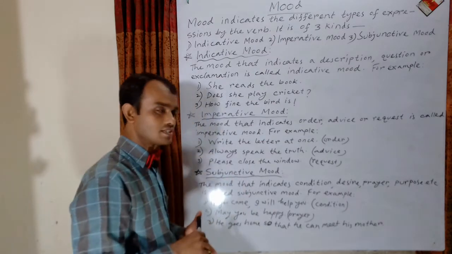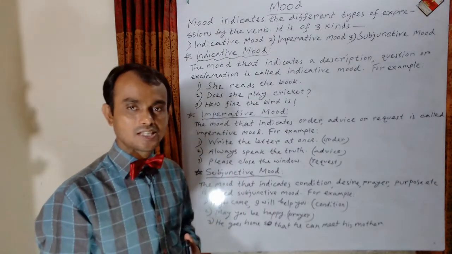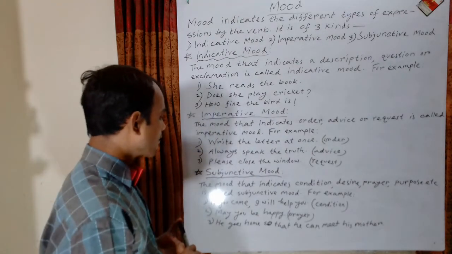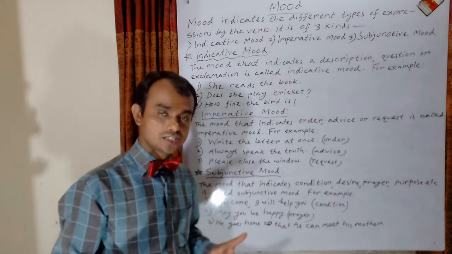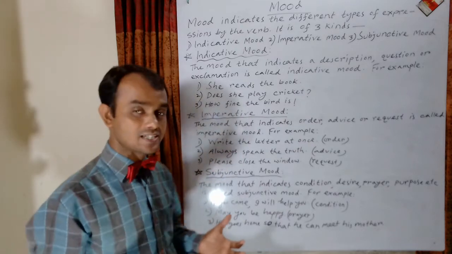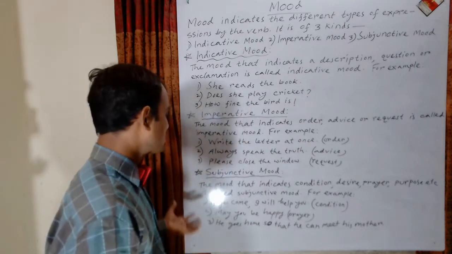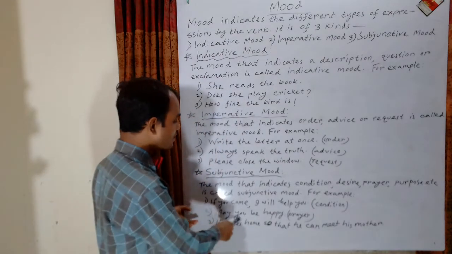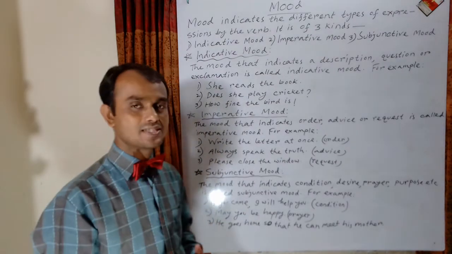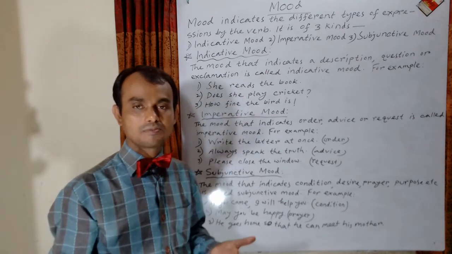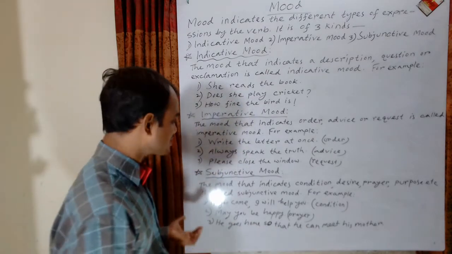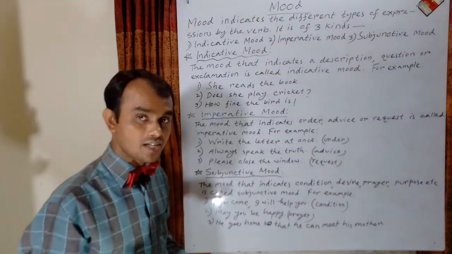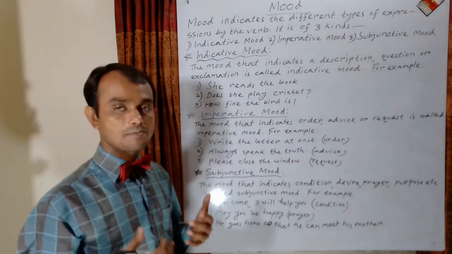This is a conditional sentence. This is a condition imposed on this sentence. Since it indicates a condition, this is subjunctive mood. The next example, may you be happy. This is a prayer. Since it indicates a prayer, it is subjunctive mood.